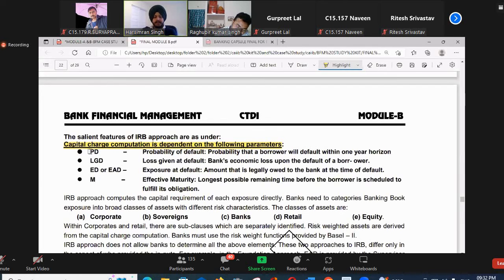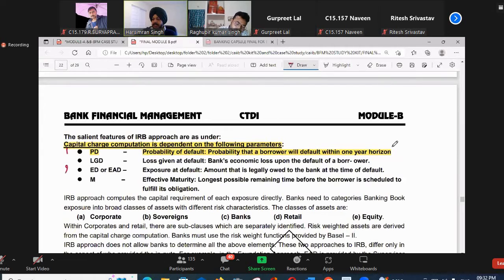First is PD. PD is probability of default. What is the probability that the borrower will default within next 1 year? This is step number 1, PD.